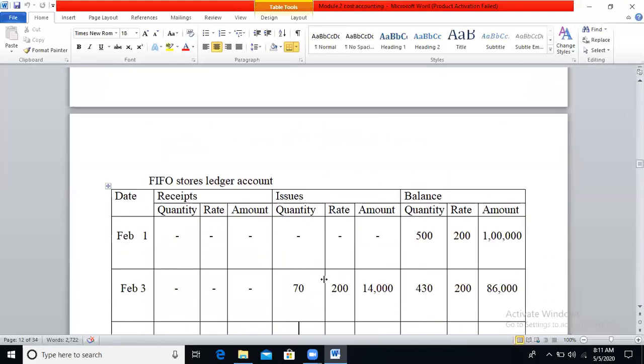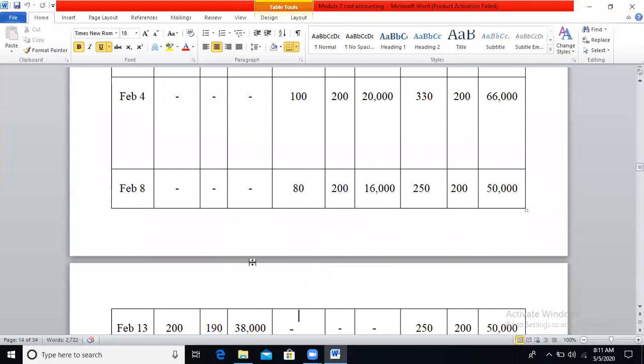The next transaction is February 8th. Once again, we are issuing 80 tons. Now see the balance column. We have only one balance, that is 200 rupees. So consider the same price. 80 into 200, you will get 16,000. So out of 330 tons, now we have issued 80 tons.